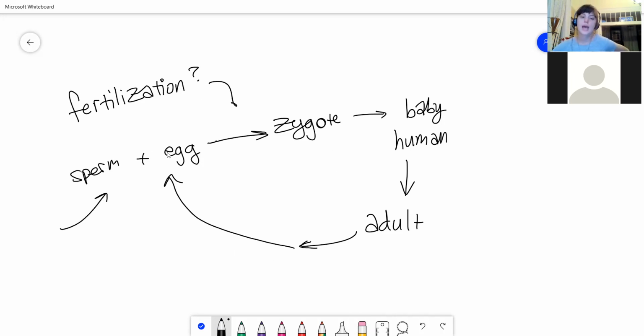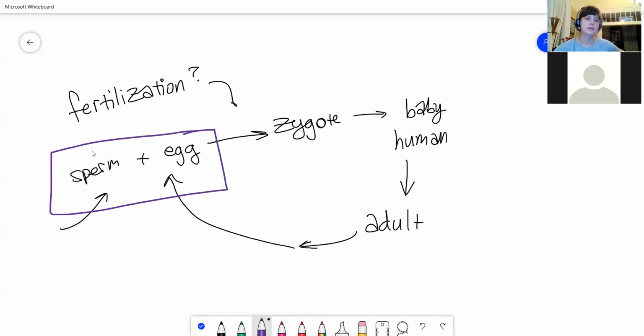So haploid and diploid. Which of these things are haploid? And let's just start with haploid. What are some things that are haploid on this list? Is a baby human haploid? Yeah, sperm and eggs. Okay, so we're gonna say sperm and egg gametes are haploid.